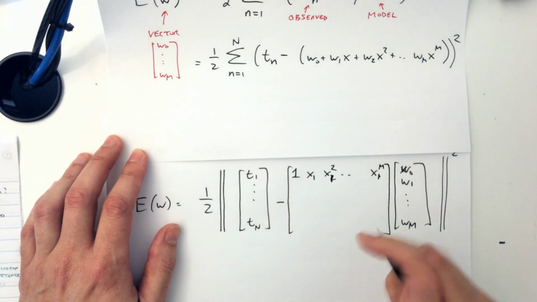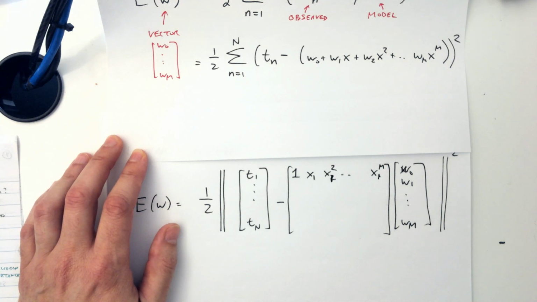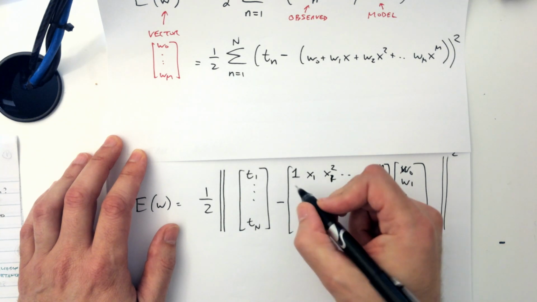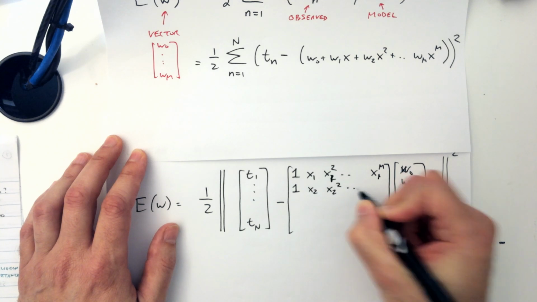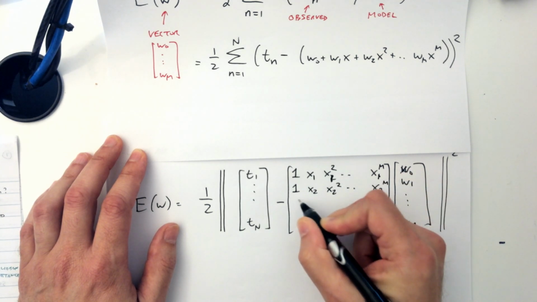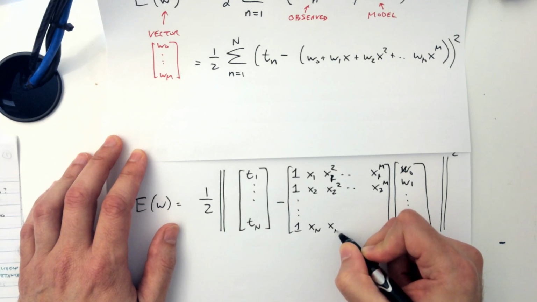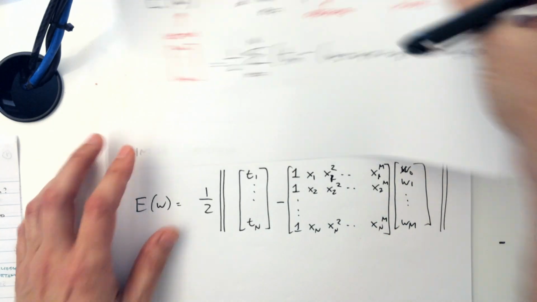So this first row is like saying, what is the model fit for data point number 1, with all the powers of x1. Then the next row looks like 1, x2, x2 squared, up to x2 to the m, all the way down to 1, xn, xn squared, up to xn to the m.